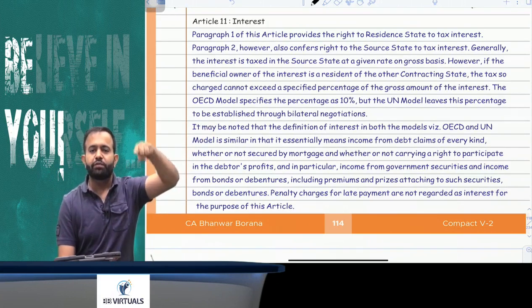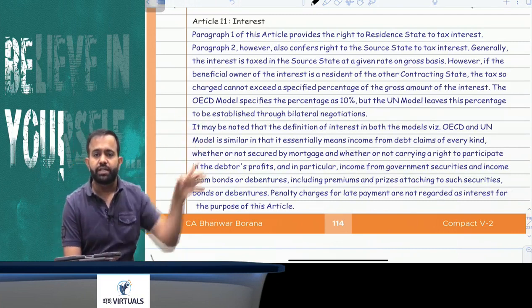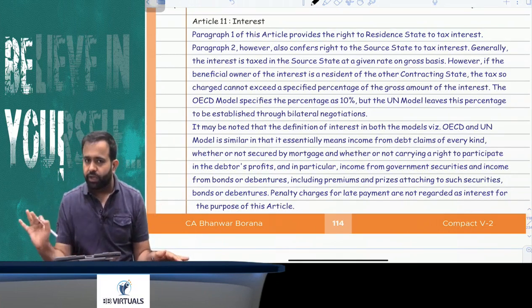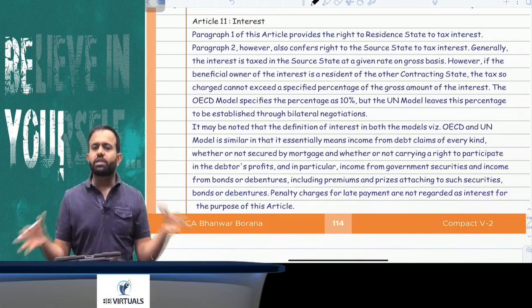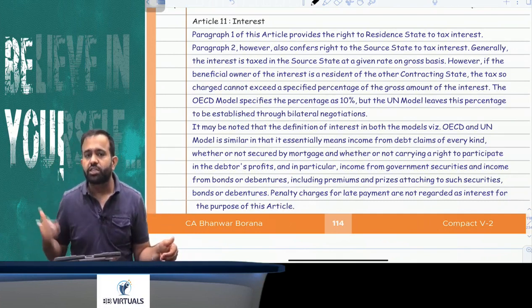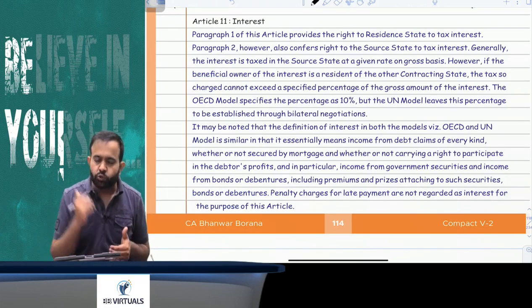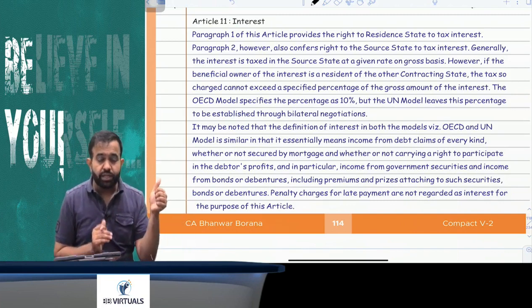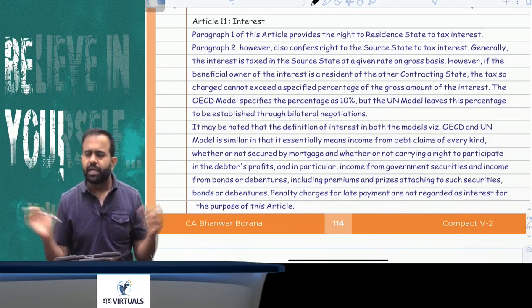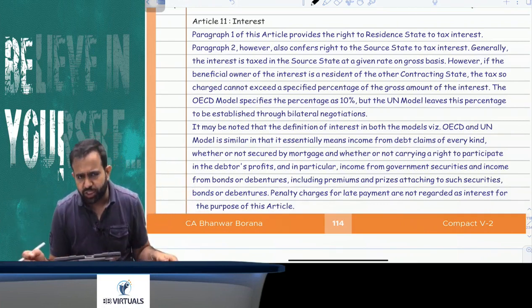That percentage is already given in the model tax convention. But in the UN model, that percentage part is blank. So both countries should decide how much tax on interest on a gross basis should be charged by the source country. Resident countries always have the right to tax all income. But the source country can charge tax on interest, and the OECD model says maximum 10%, but the UN model says you should decide that. Both countries will decide how much tax on interest should be charged by the source country.